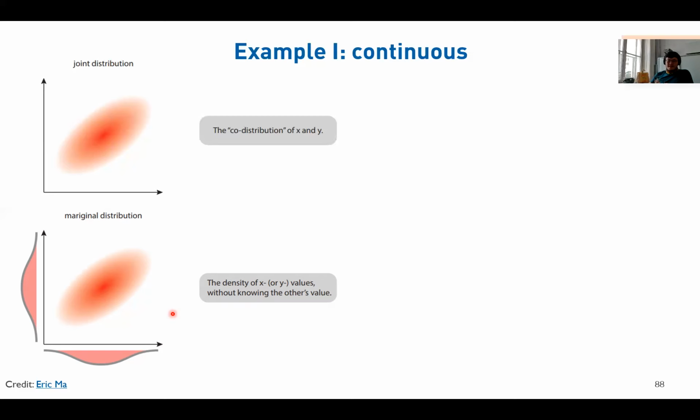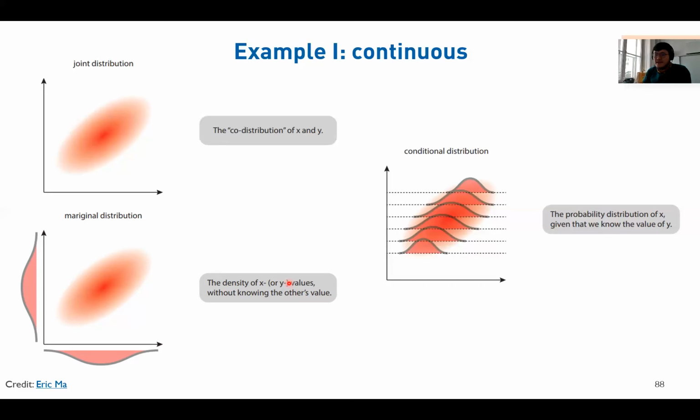The same idea, right? You are interested in one event, irrespective of another. So in this case, you only look at x, irrespective of y. And here you look at y, irrespective of x. And then you get the marginal distribution. And here, when there are two events, it also appears at the margin, the place of the margin. Okay.